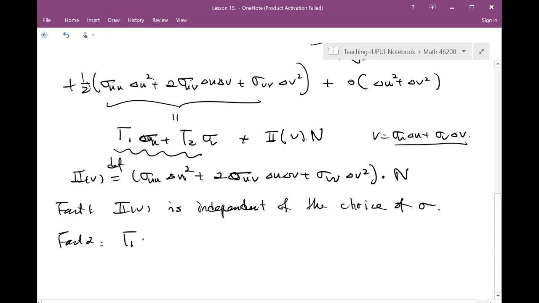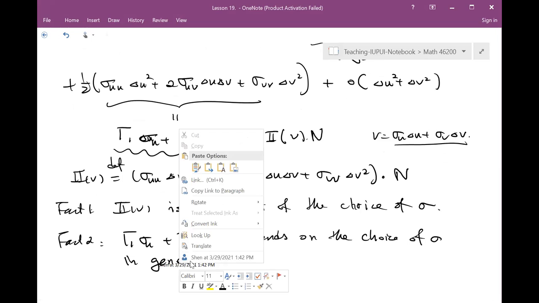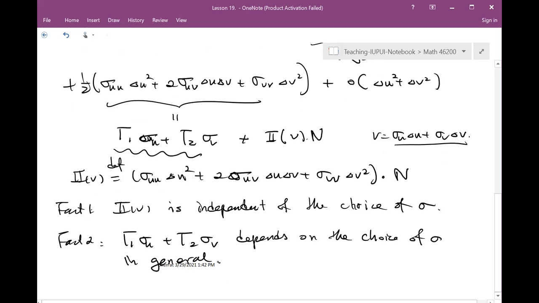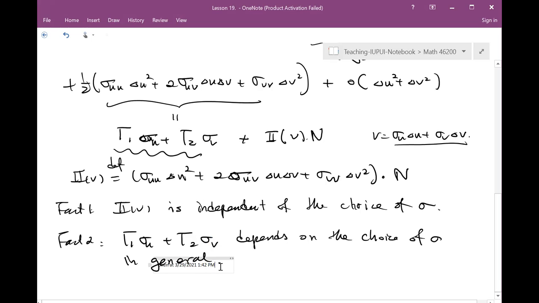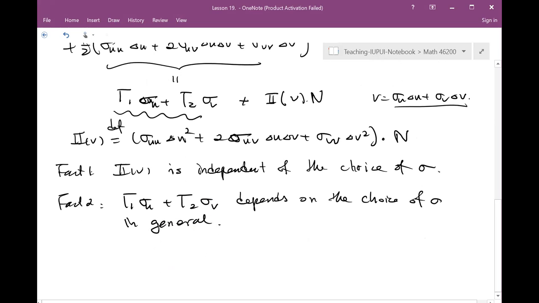Second fact, gamma 1 sigma u plus gamma 2 sigma v in general depends on the choice of sigma, but it's okay.